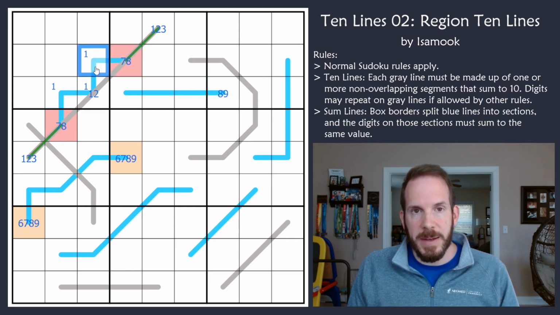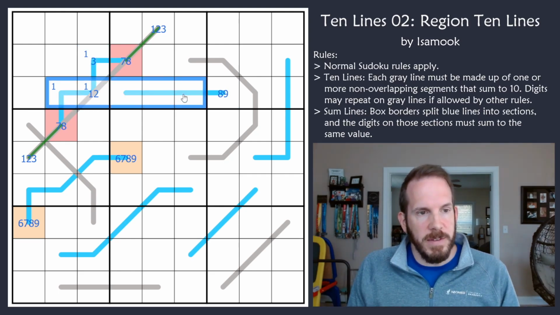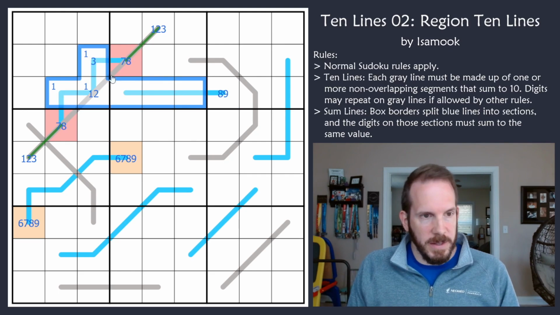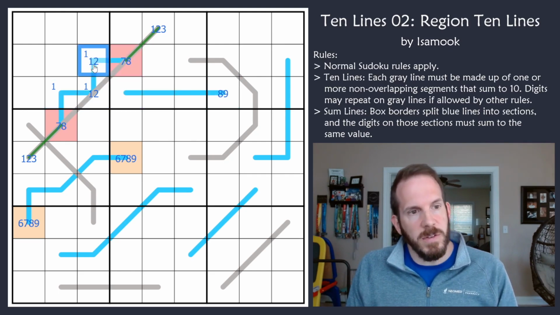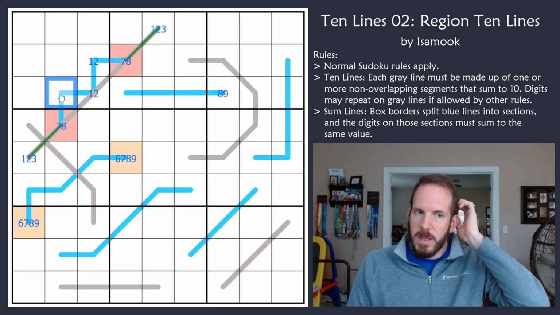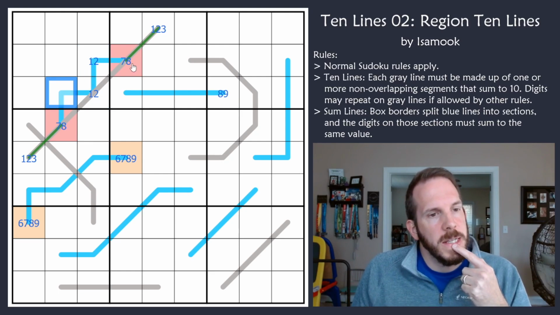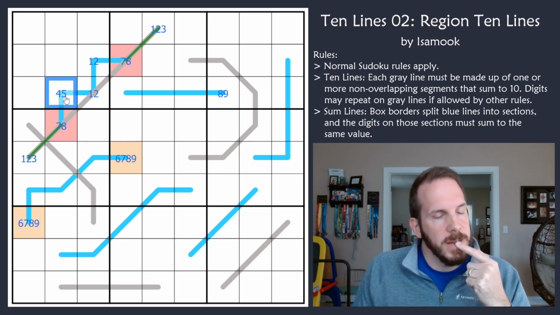So this can be a maximum of 2. If we try to make this a 3, we get a minimum of 18 in these cells. And this would have to be 2 9s, and that can't be. So this is also a 1 or a 2. And then this sums to 3, this is either 4 or 5.